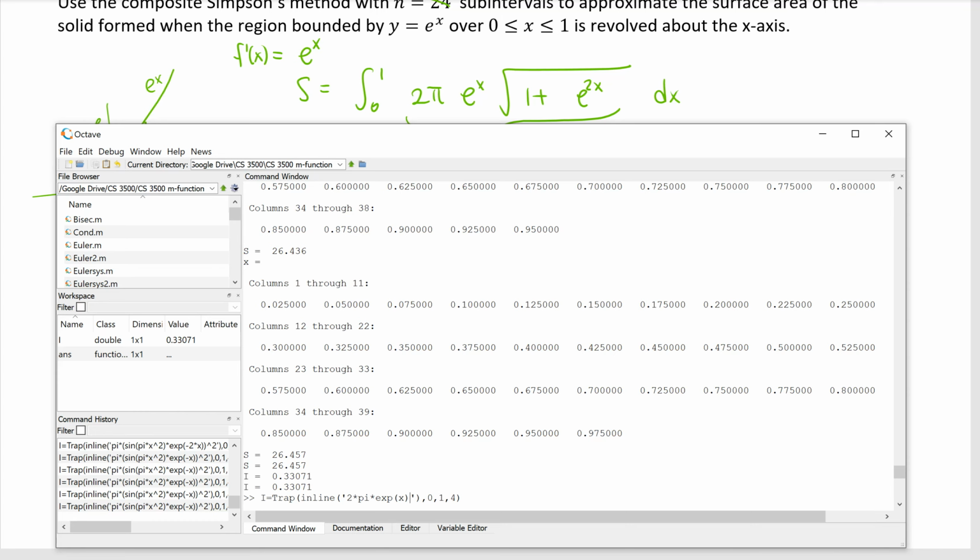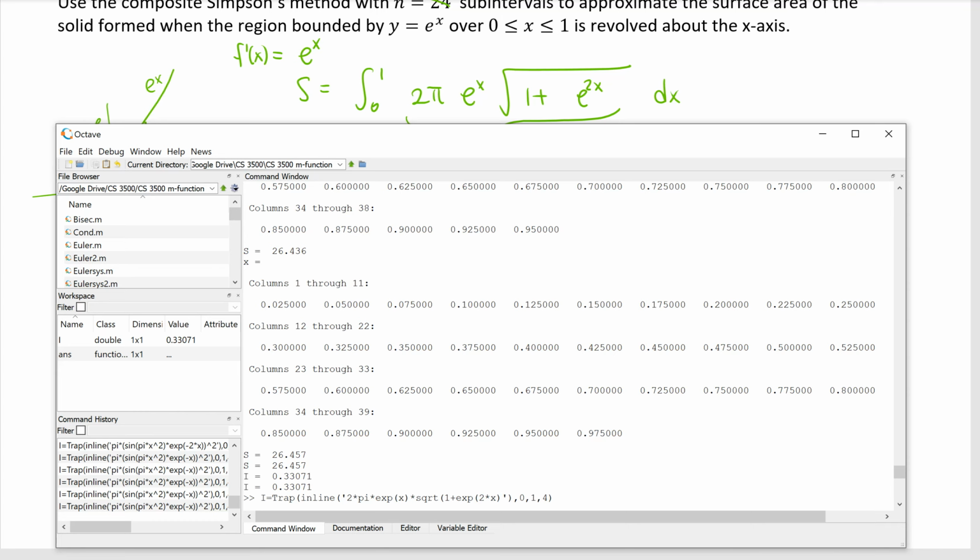And then times square root, sqrt of 1 plus exp of 2 times x.